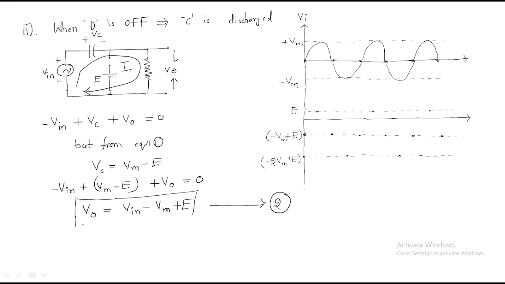By using this we can draw the waveform. For V input 0 it becomes minus VM plus E. This is the point. For VM it becomes plus VM minus VM, which cancel, so this is the other point. These are the points mentioned.